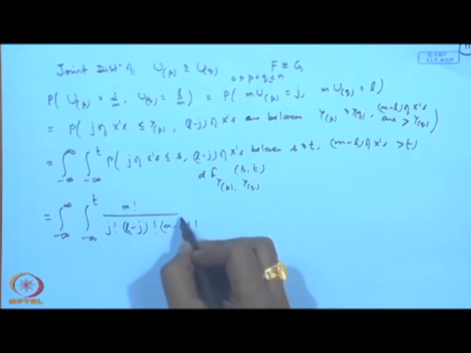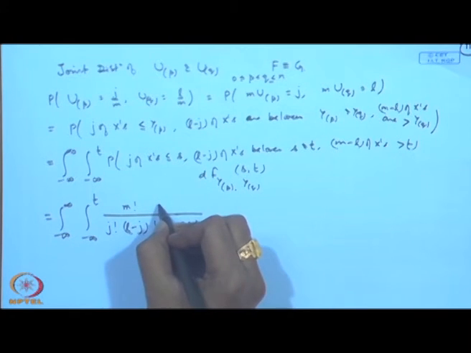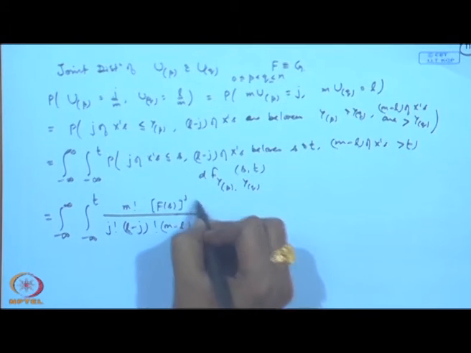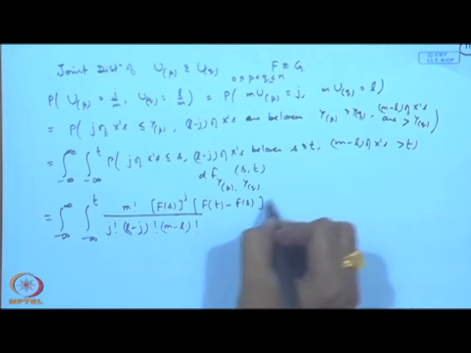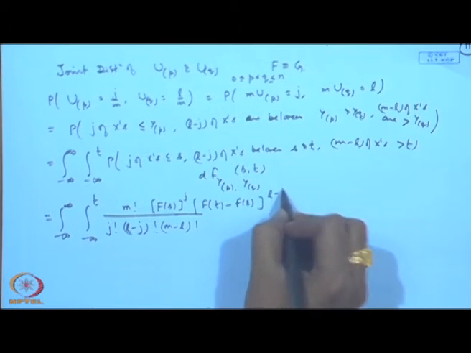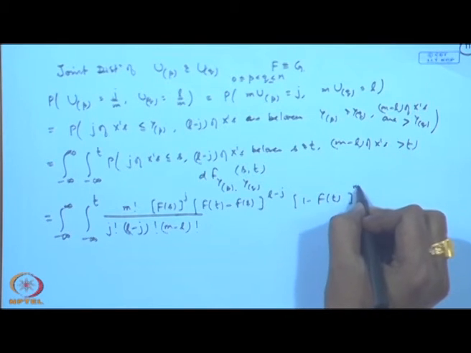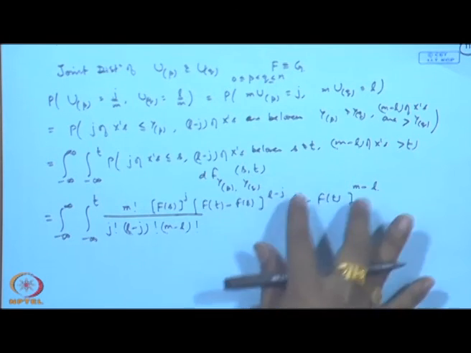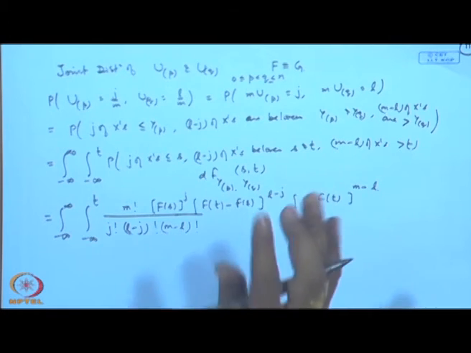Then you have the CDF terms: f of s to the power j, f of t minus f of s to the power L minus j, and 1 minus f of t to the power m minus L. Now, here you have to write the joint distribution of y_p and y_q, but that we know.